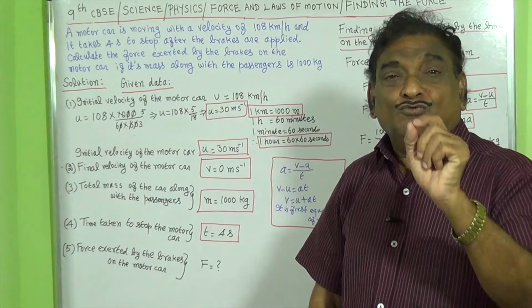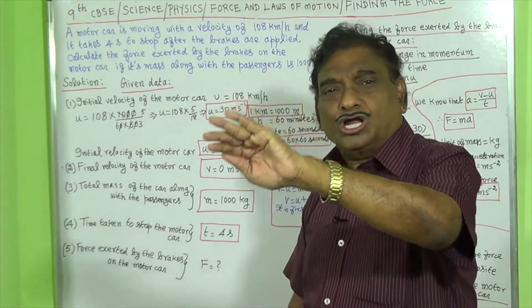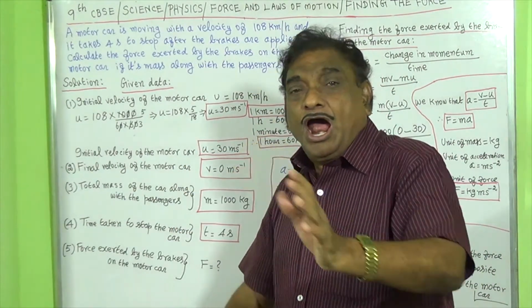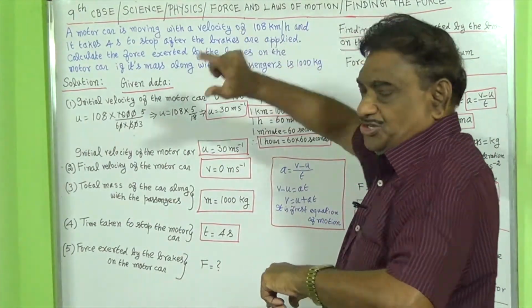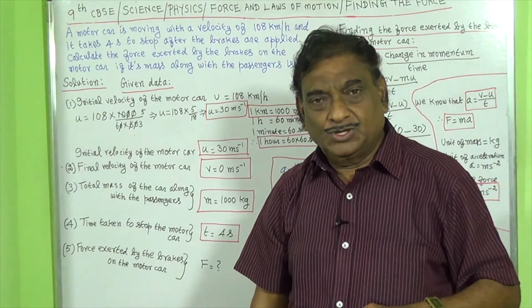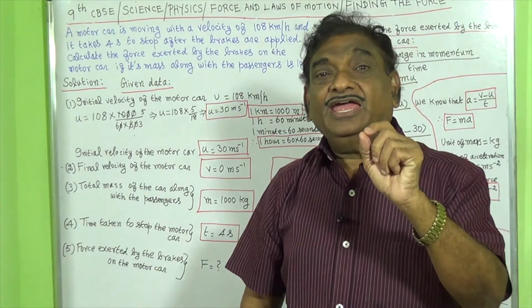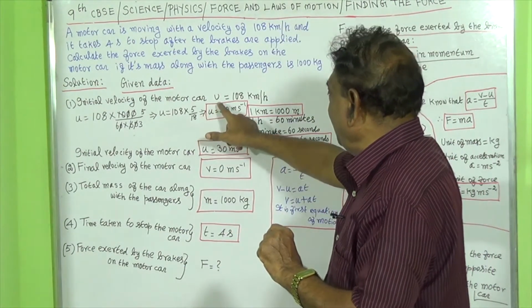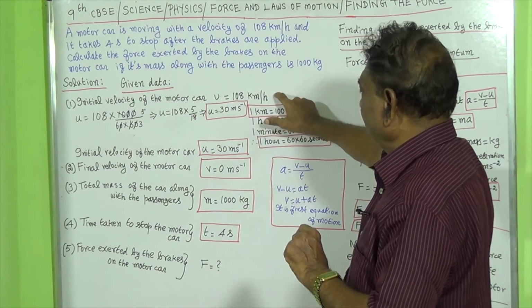Calculate the force exerted by the brakes on the motor car if the mass of the motor car along with the passengers is 1000 kg. So what are the given data? The initial velocity of the car is provided as 108 km per hour.